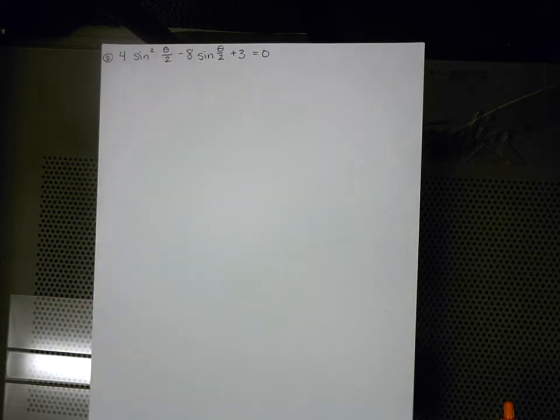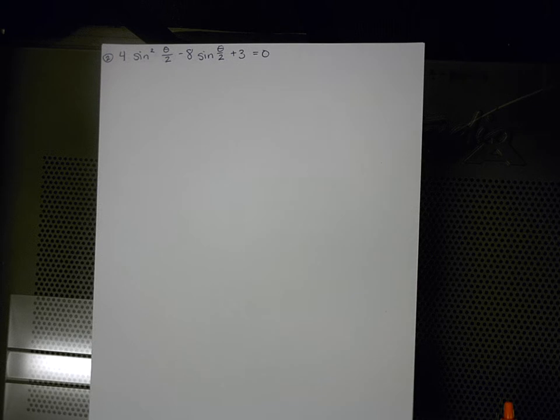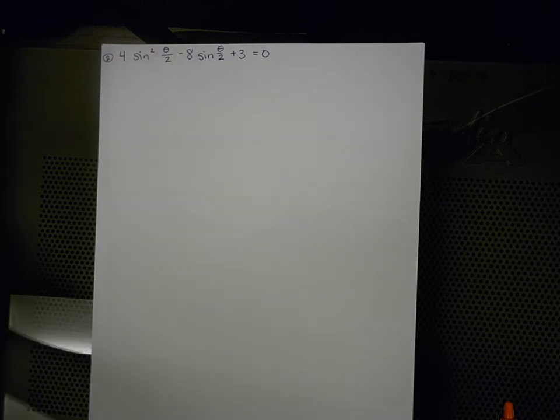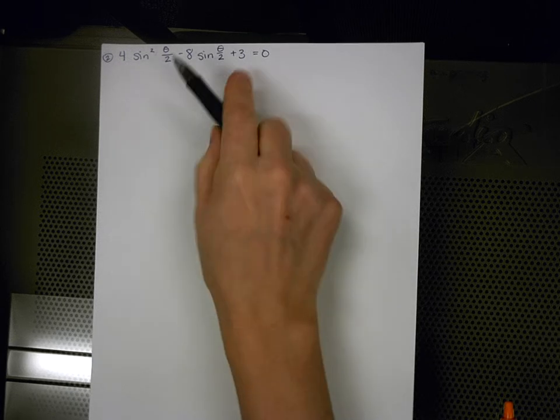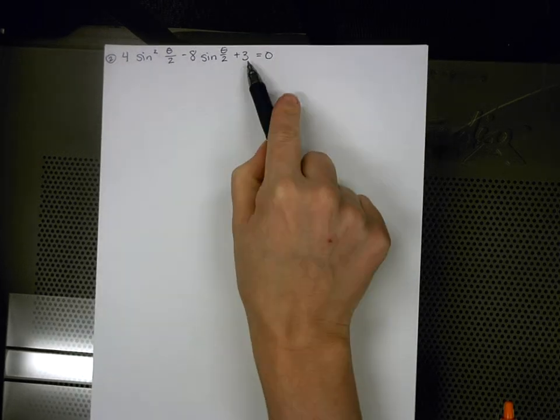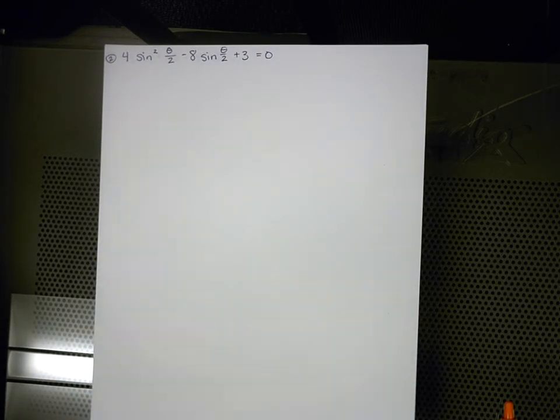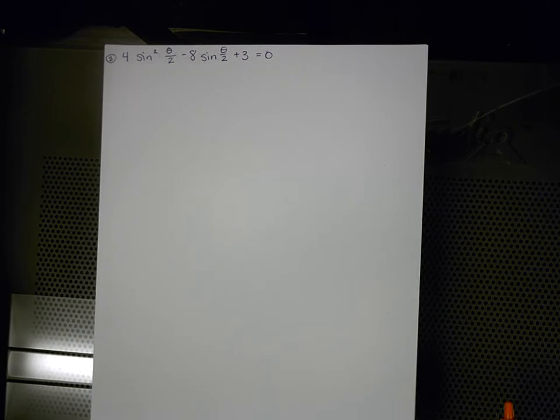All right. So new problem. We have 3 terms on this one. So what do we normally want to do when we have 3 terms? Hopefully you noticed the sine squared and then the sine to the first power and then a constant, which means we're going to have to factor these values.